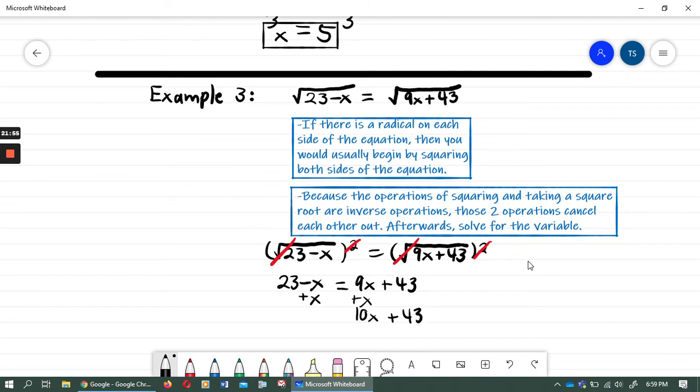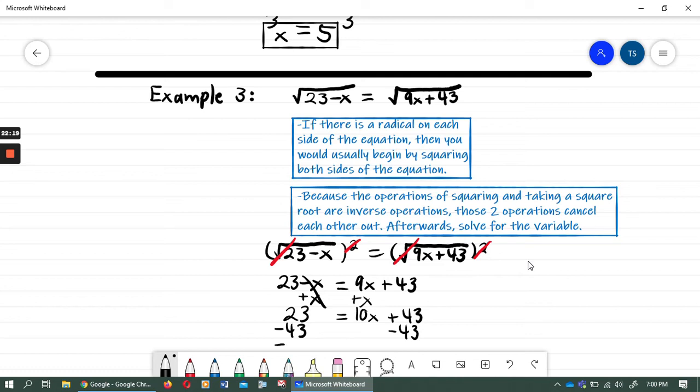And remember, guys, we want to get all the variables together on one side of the equation, and we want to get the constant terms on the other side, away from your terms with variables. And so that means that we need to move the 43 over to the left side of the equation. So let's use the inverse operation, subtract 43 from both sides.